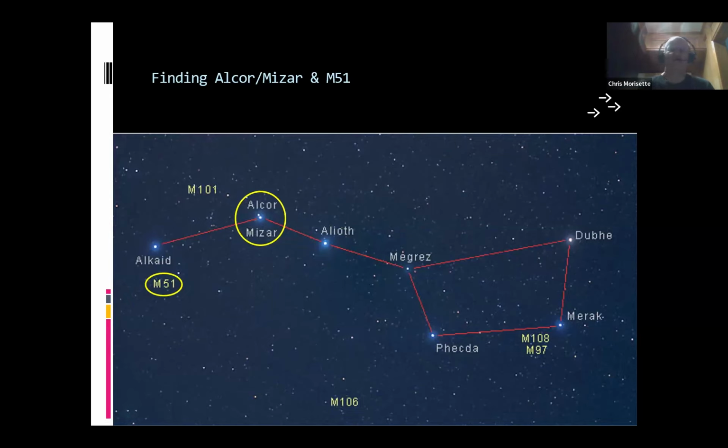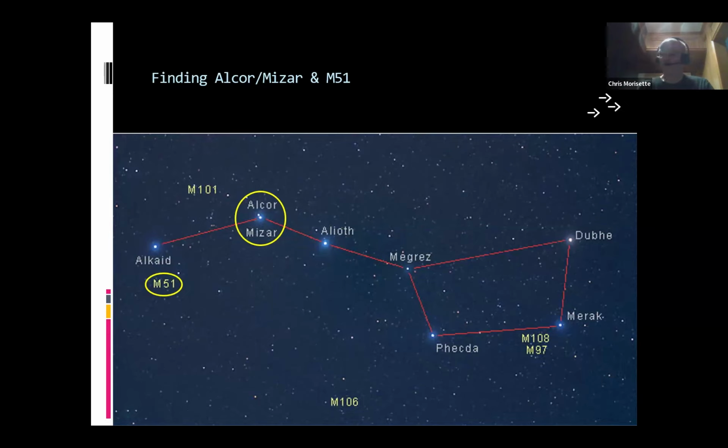That's Alcor and Mizar. It's a great way to start because it'll give you some confidence as you go and look for more of these objects, because they can get more difficult for sure.